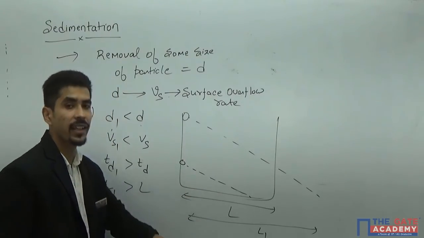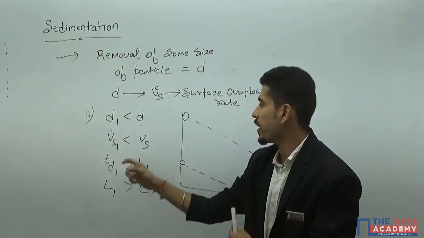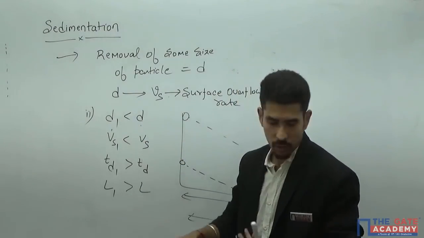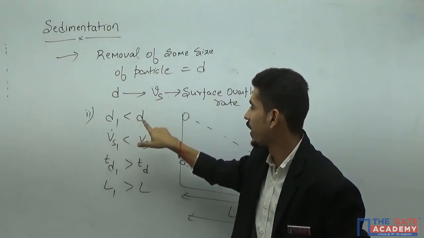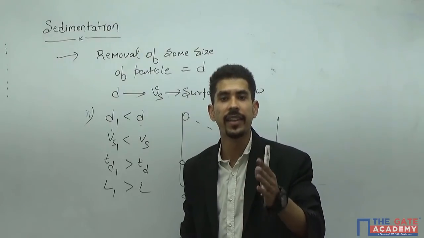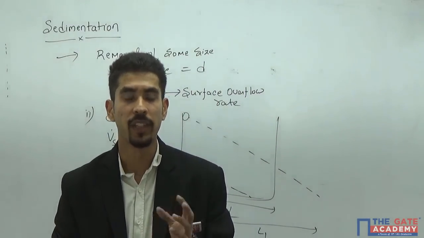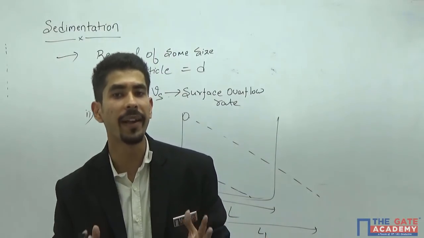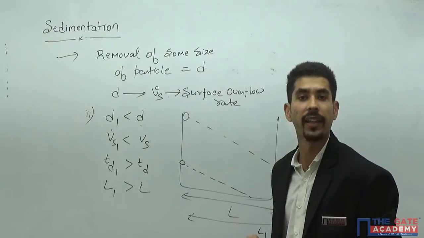So I will say that if the size of the particle is less than your concerned size, in that case, there will be partial removal of those particles. There will not be a complete removal, but there will be a partial removal for those kinds of particles.